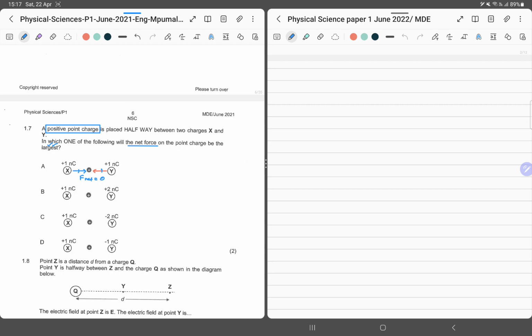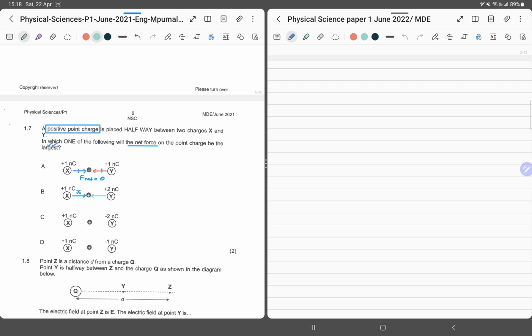Then let's look at this one. So we've got 1 nanocoulomb and whatever charge this is. But again, this is a positive charge on a positive charge. It's going to experience a force in that direction. But we can tell now that the magnitudes are not the same. So maybe we can call this one x, because it's from 1 nanocoulomb to whatever that charge is, but the distance is the same between the two. What is different now is that this is a positive charge, so it's going to push that positive point charge in that direction.